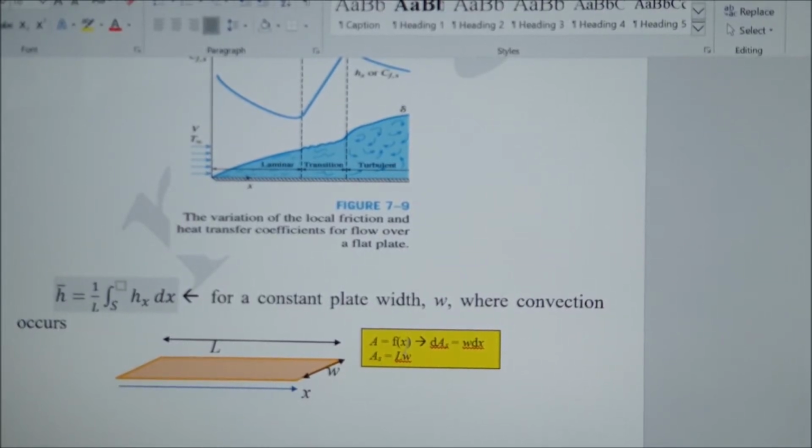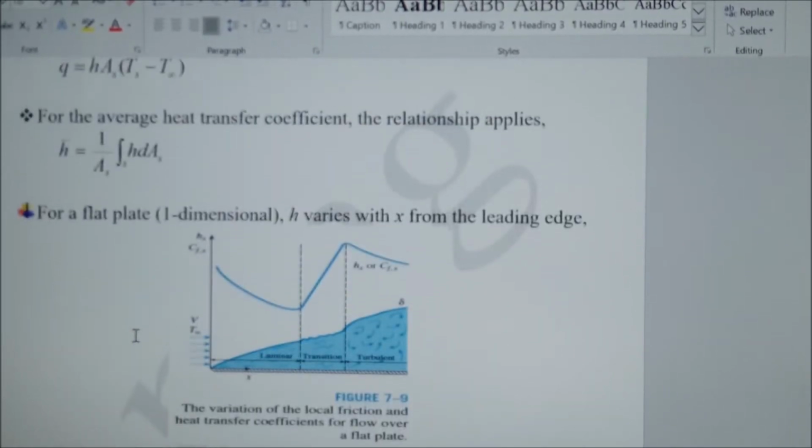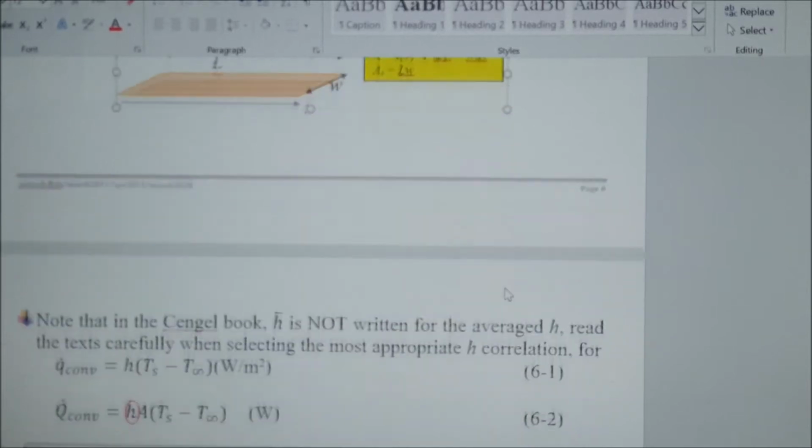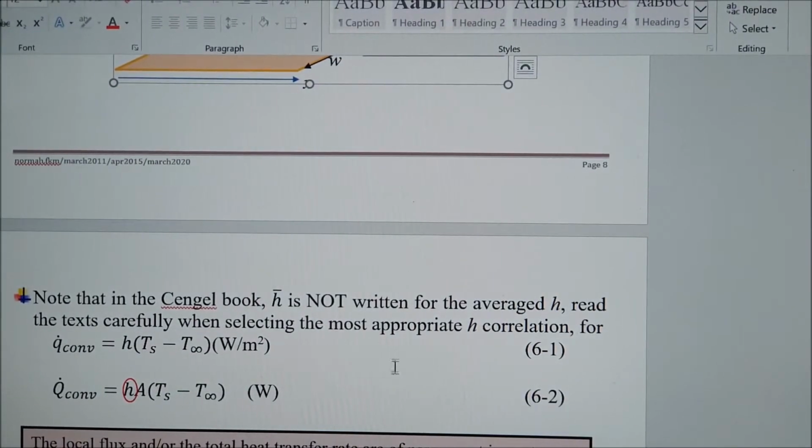You can see here how you take the derivative of the surface area from here. Note that in the Cengel book, the average heat transfer coefficient is not written as H bar.